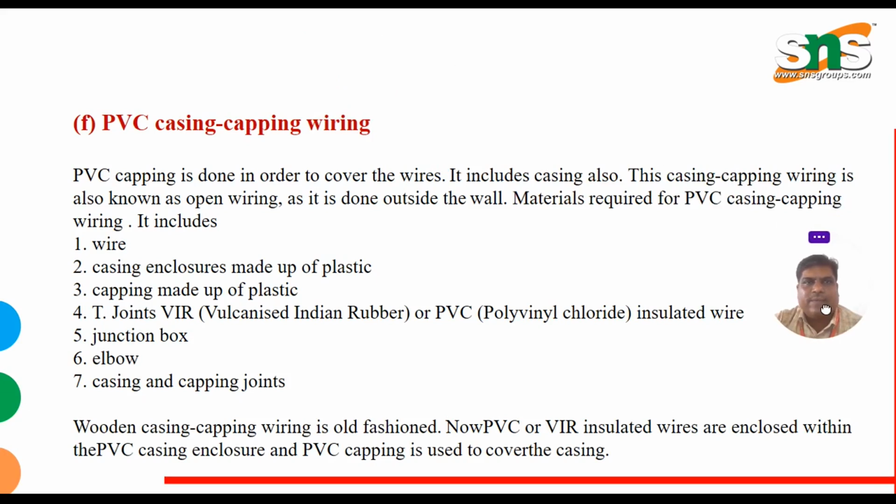PVC casing capping wiring. PVC capping is done in order to cover the wires. It includes casing also. This casing capping wiring is also known as open wiring, as it is done outside the wall.